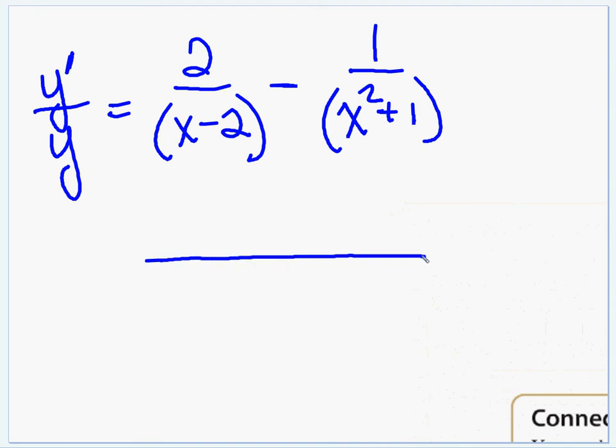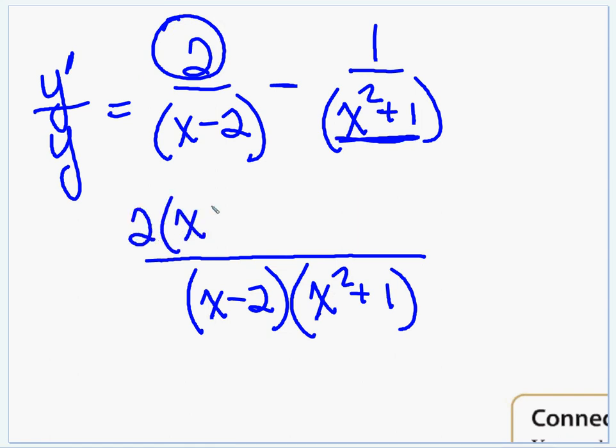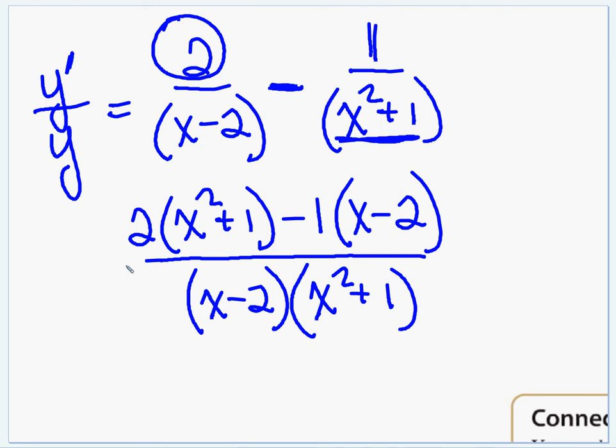So when we combine these, our common denominator will be these 2 multiplied together. I do not recommend foiling that out. And we're going to multiply this 2 by this denominator, 2 times quantity x squared plus 1. And then we have a minus 1 times the other denominator, x minus 2. And again, this is equal to y prime over y.